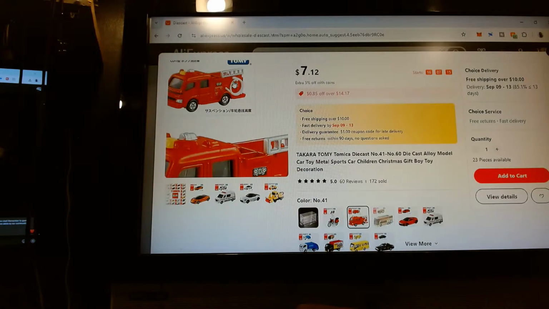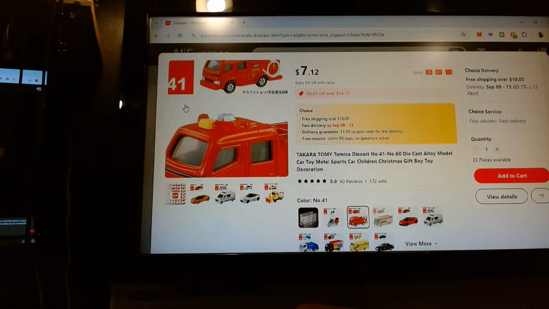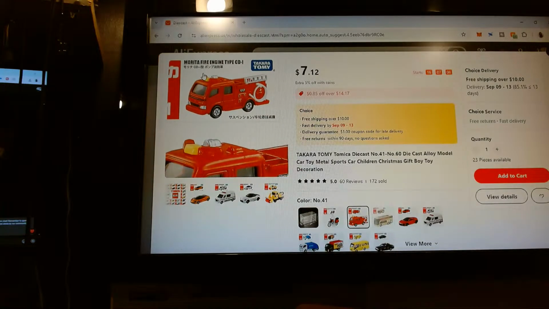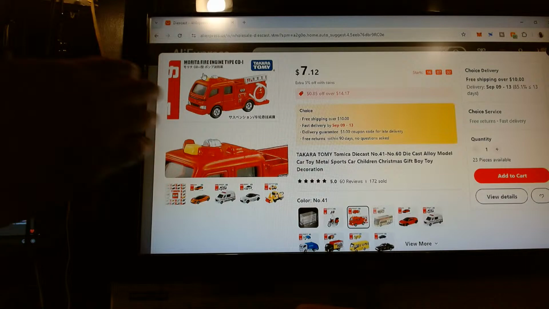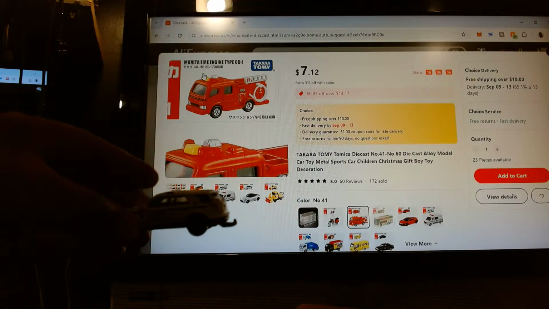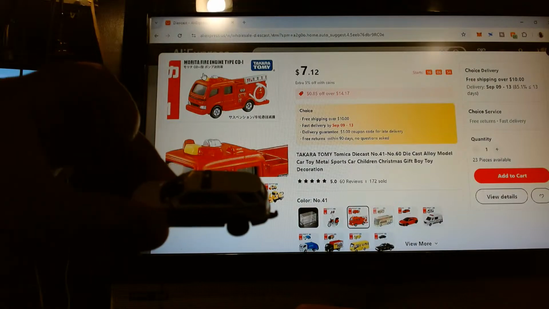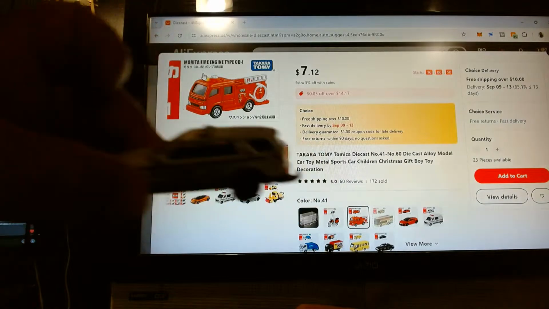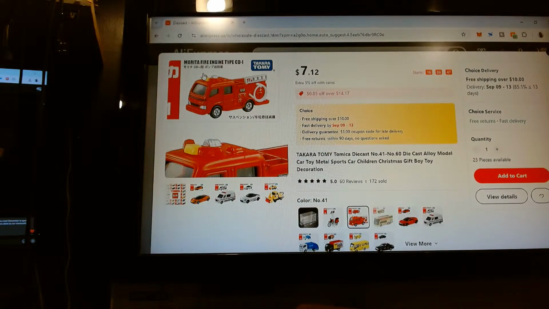Now in this particular case, if the scale is going to be smaller, then that truck might actually work for HO scale railroad, as opposed to this car. This car might be slightly too big for HO scale. Okay, Matchbox car, so you have to pay attention to that.